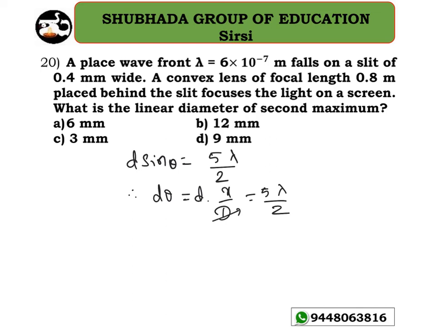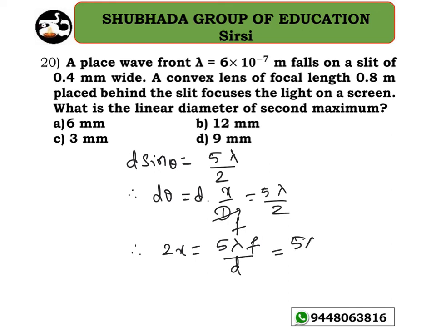Instead of capital D we are taking it as the focal length of the convex lens. Please try to remember this one. They're expecting the value of 2x here, secondary maxima, so 2x equal to 5 times lambda f divided by d.